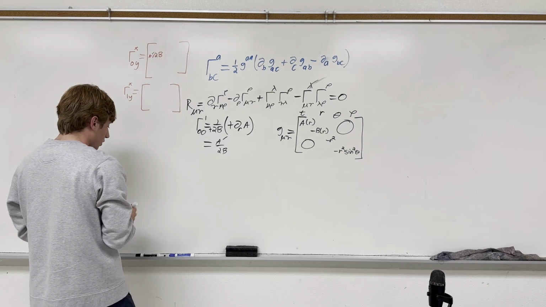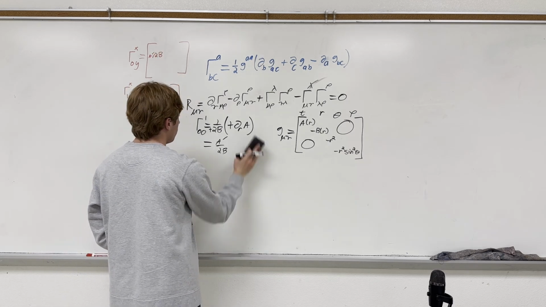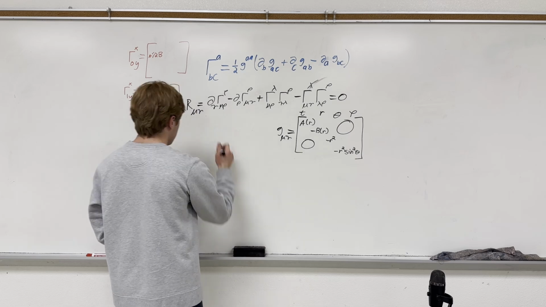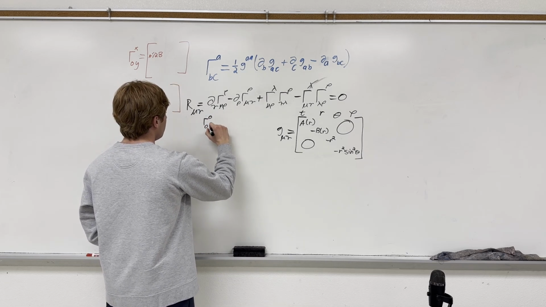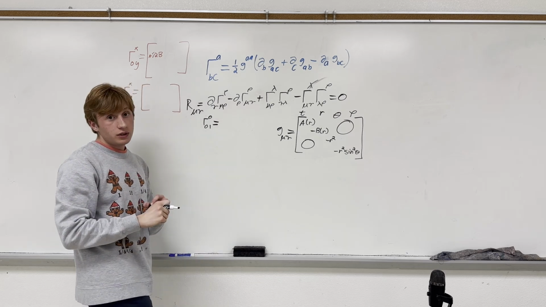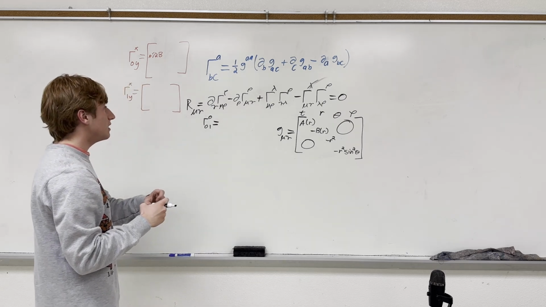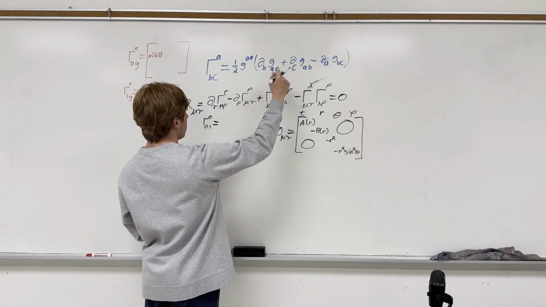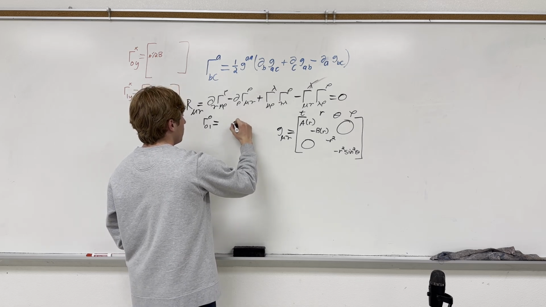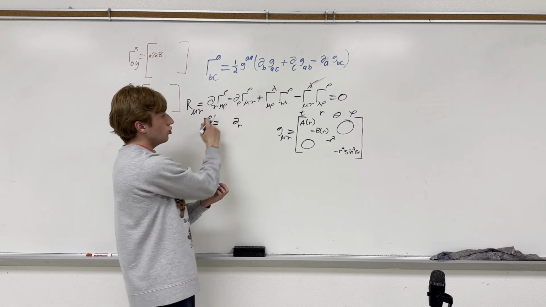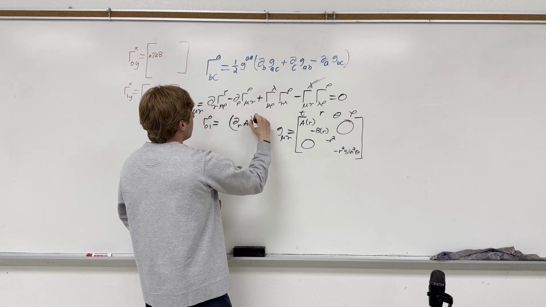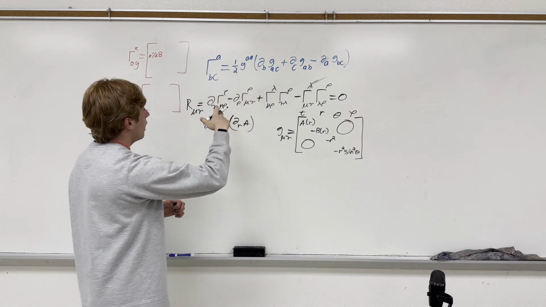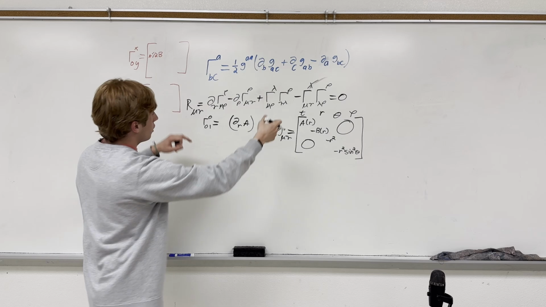And then let's calculate our next one. So we have gamma of 0, 0, 1. This is going to be something similar, only that a is equal to b in this case, so we just care about this right here. Inside our parentheses, we have partial r and then g 0, 0, so that's going to be partial r of a. But outside, we have 1/2 times the inverse of g 0, 0, so that's just going to be 1 over 2a.